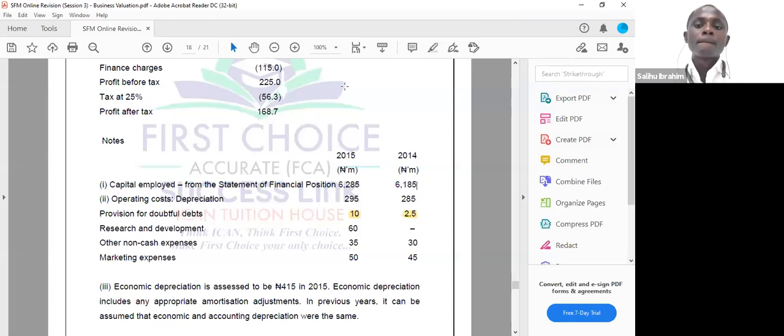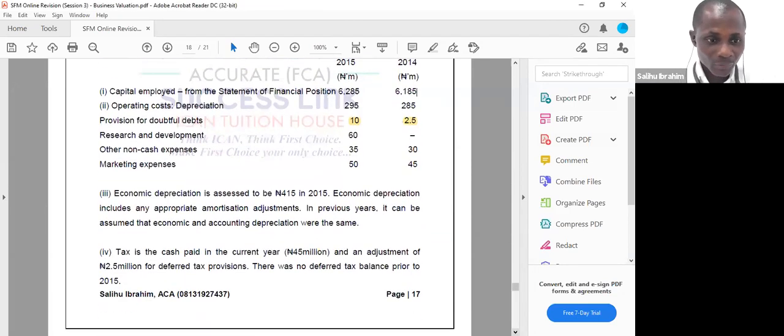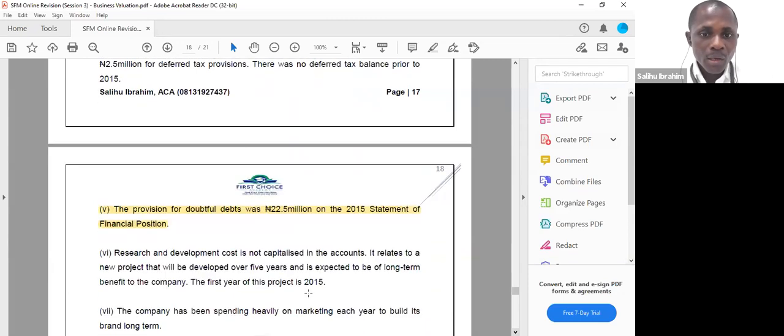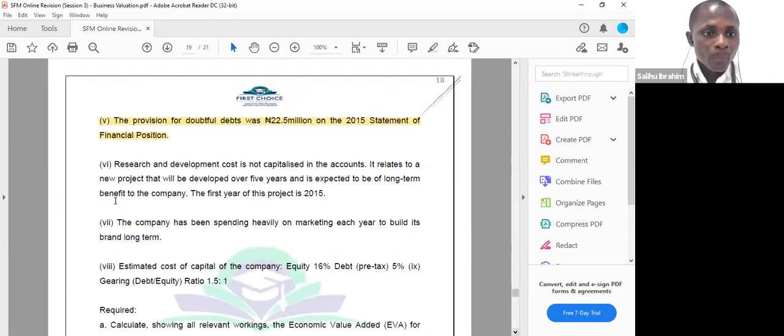Let me repeat it again. Look at the additional information given to us. Let's go to the information again so that I'll see what I'm talking about. The provision for doubtful debt was what? 22.5 million on the 2015 statement of financial position. 2015 statement of financial position will be as at when?